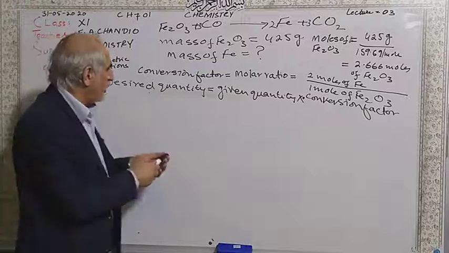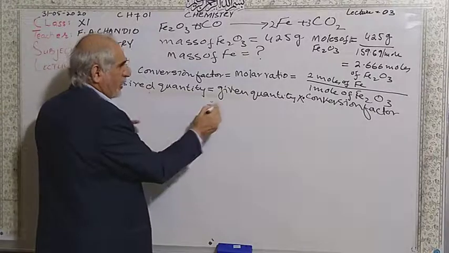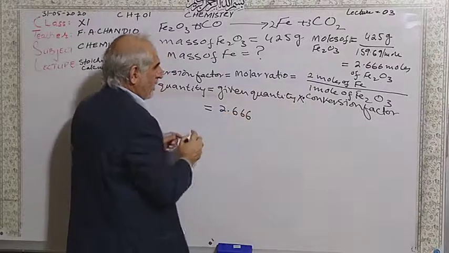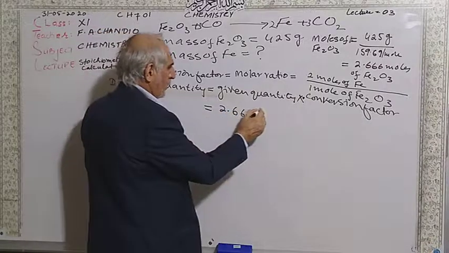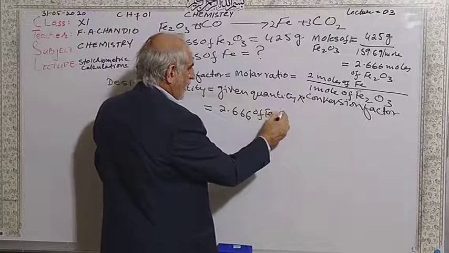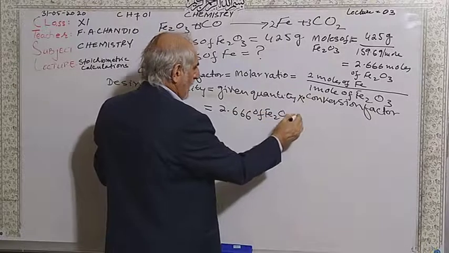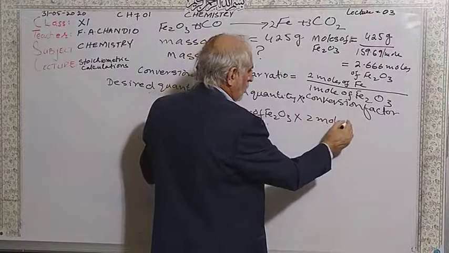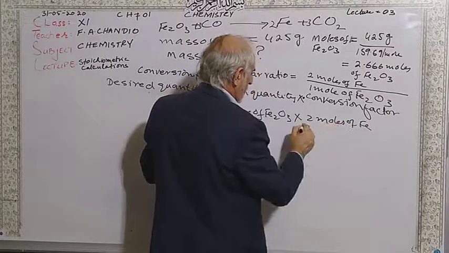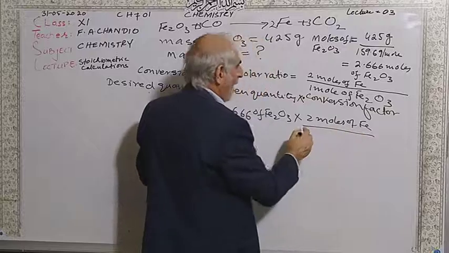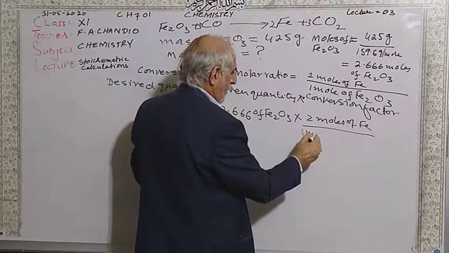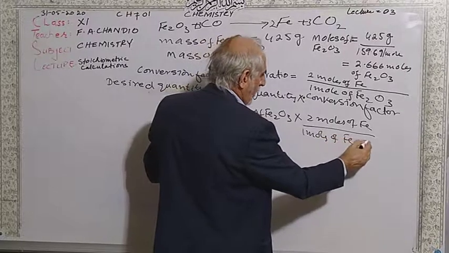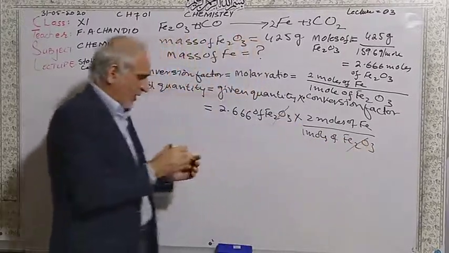So put the values. Given quantity is 2.666 moles of iron oxide multiplied by 2 moles of iron divided by 1 mole of iron oxide. So the iron oxide is cancelled.